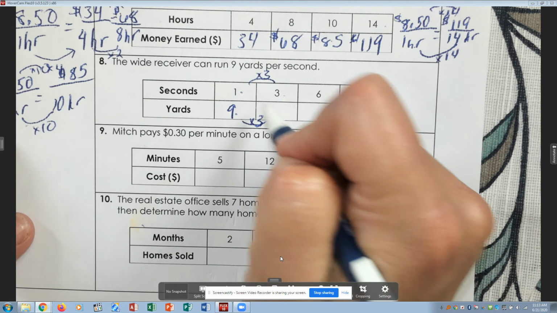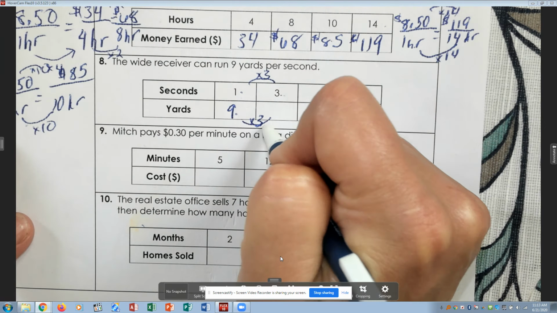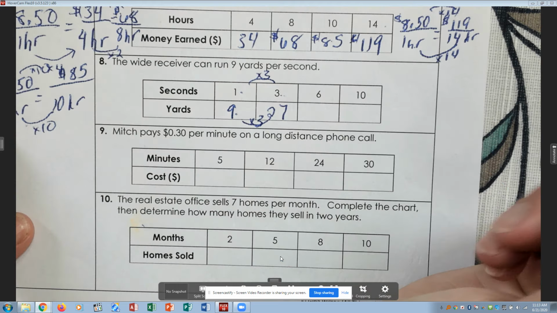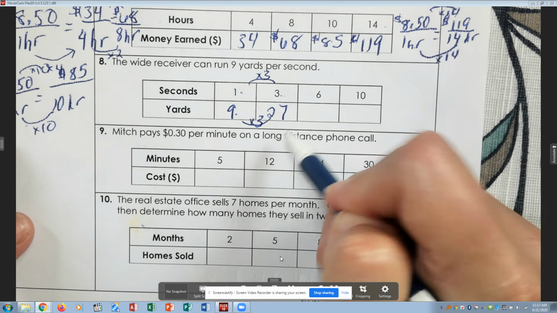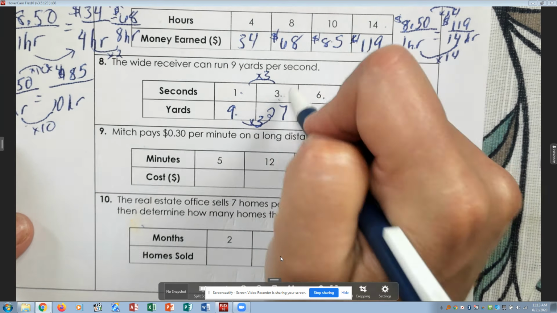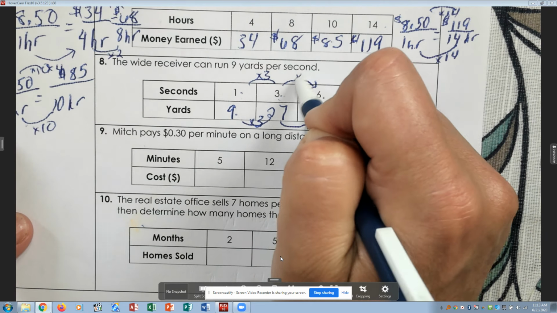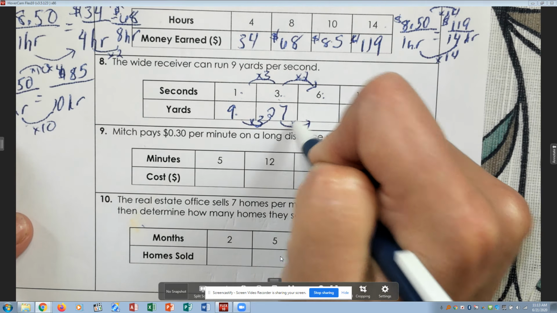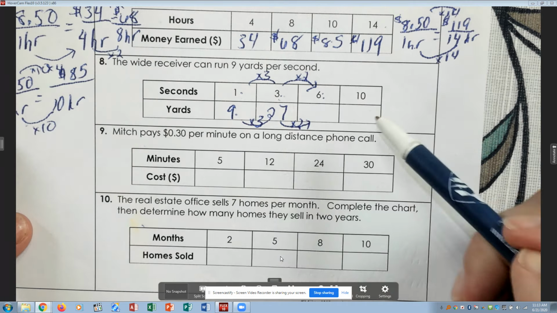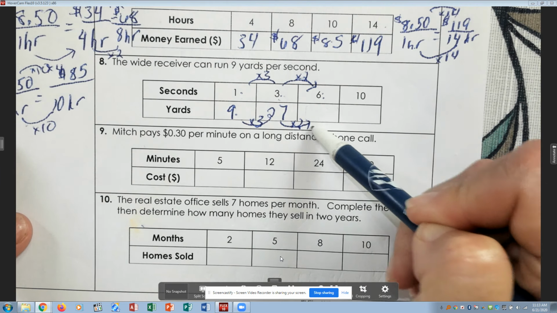So 1 times 3 is 3, and 9 times 3 is 27. All right. How about from 3 to 6 seconds? Multiply this by 2, because 3 times 2 gives me 6. So times 2. All right, you fill this in.